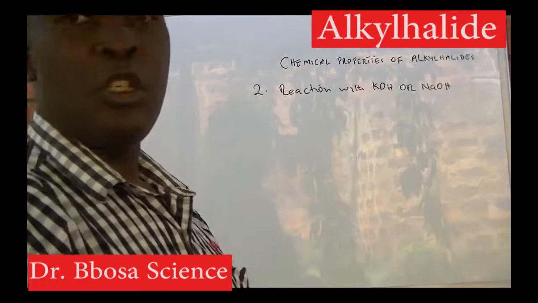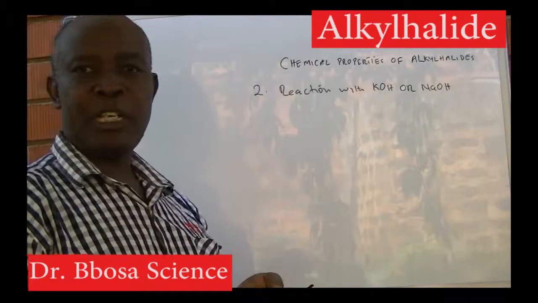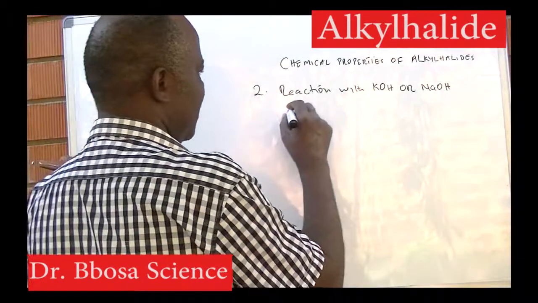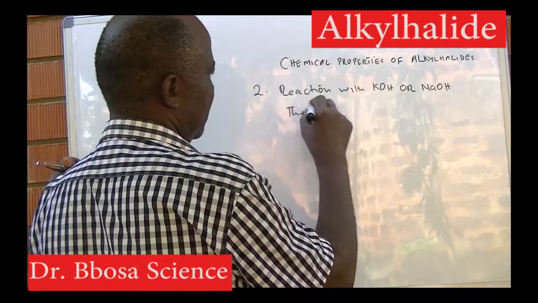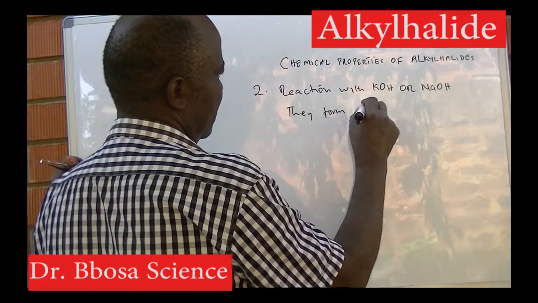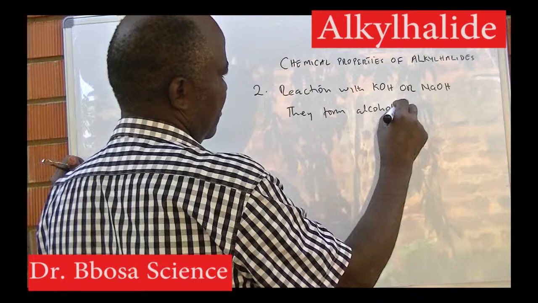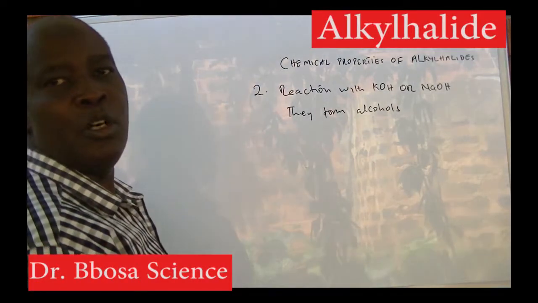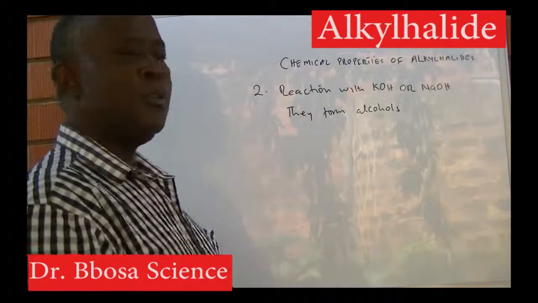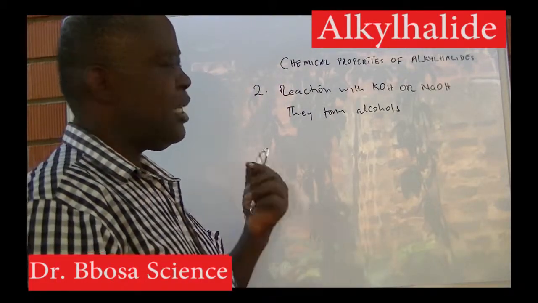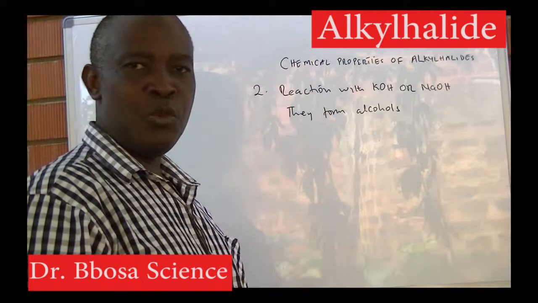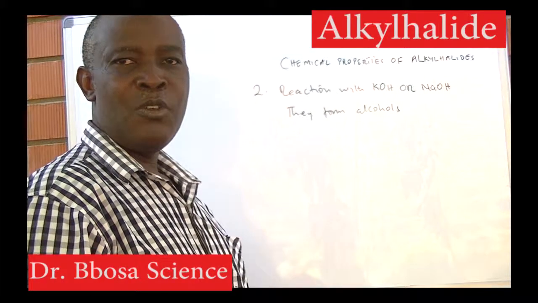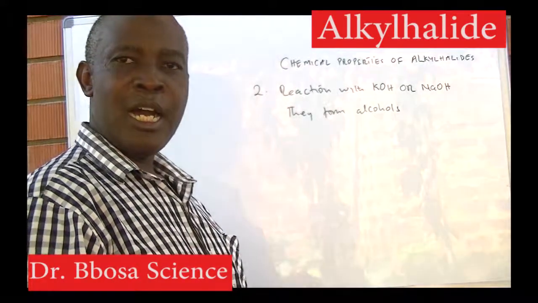2. Reaction with potassium hydroxide or sodium hydroxide. They form alcohols. The reaction is SN1 or SN2: the mechanism is SN2 for primary alkyl halides or SN1 for tertiary alkyl halides.